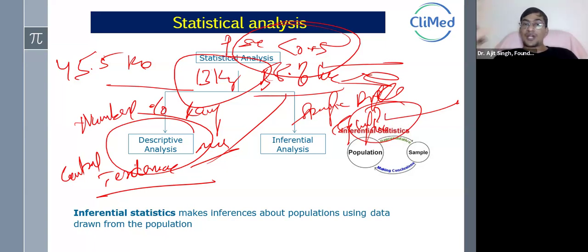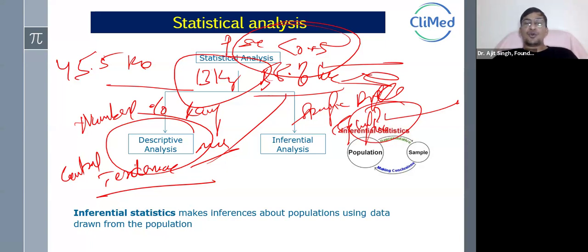Statistical analysis is of two types. One is descriptive, simple analysis, basics, and one is inferential. Okay, one question is here: sir, does standard deviation or variance come under descriptive or inferential? No, it comes under descriptive only. When you go for correlation, for regression, for association between the variables, then we need inferential analysis, because that will be proved by the p-value only.